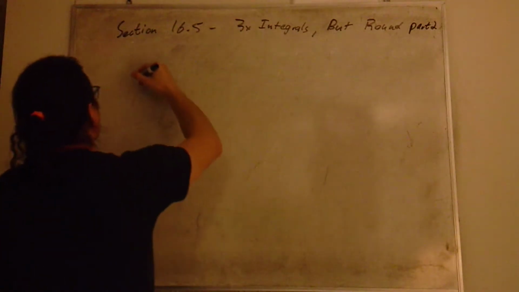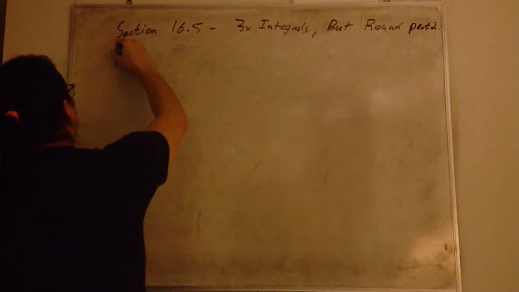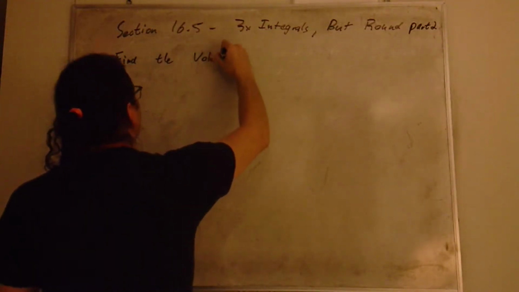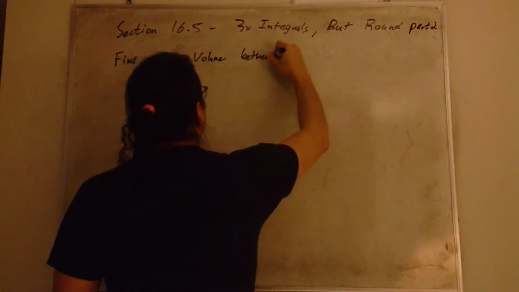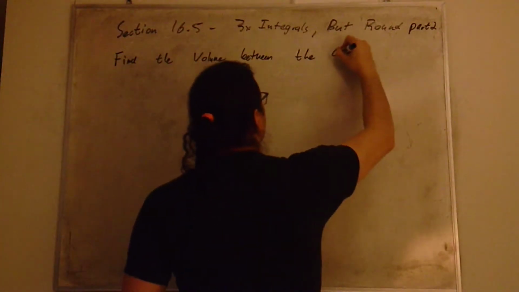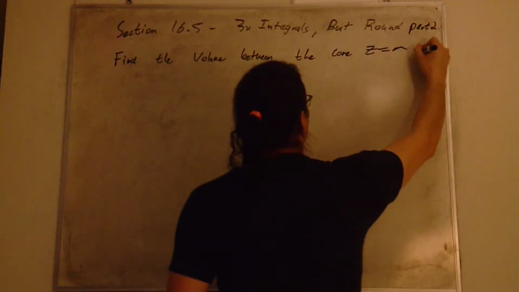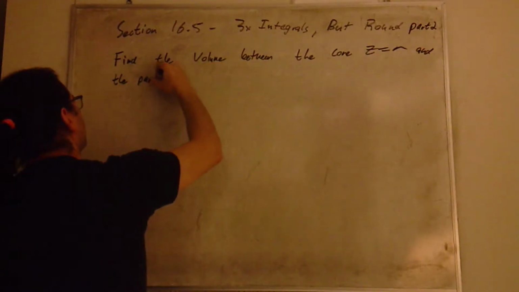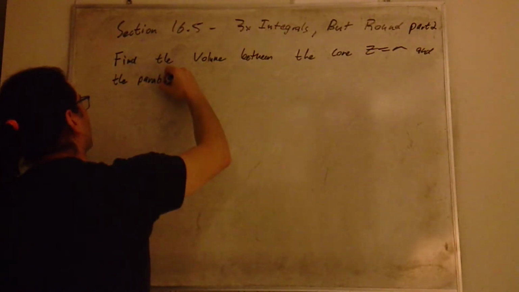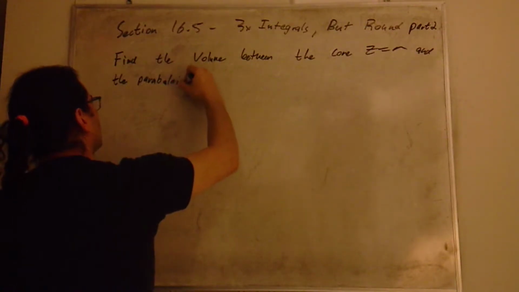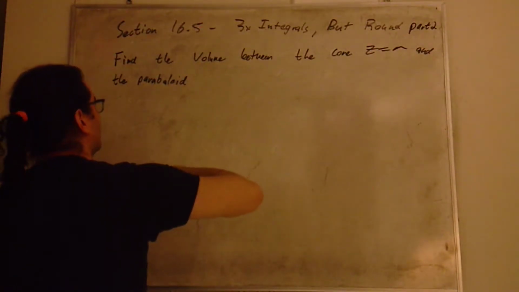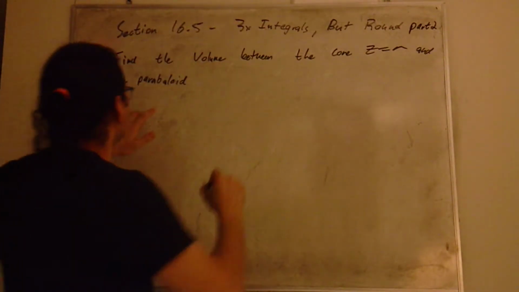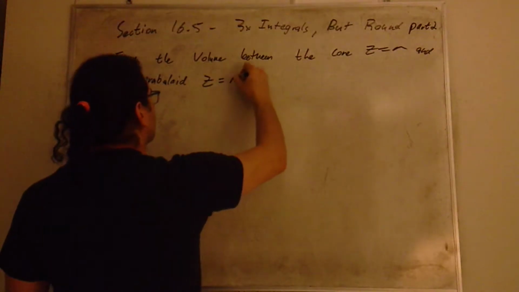So I want to find the volume between the cone z equals r and the paraboloid. I may not know how to spell the word paraboloid. No one fact check this. Find the volume between the cone z equals r and the paraboloid z equals r squared.